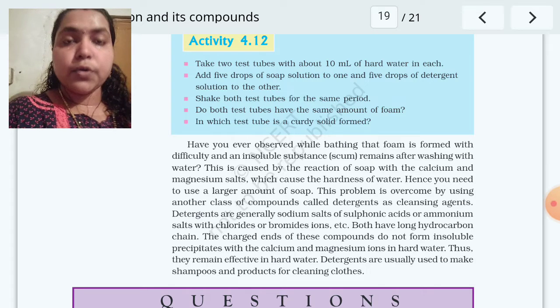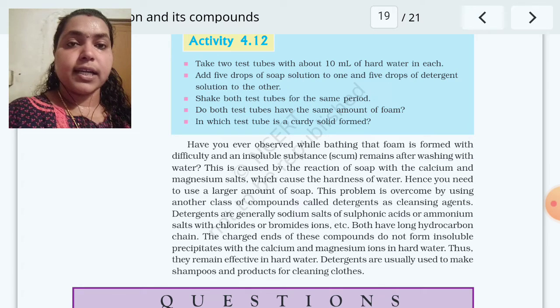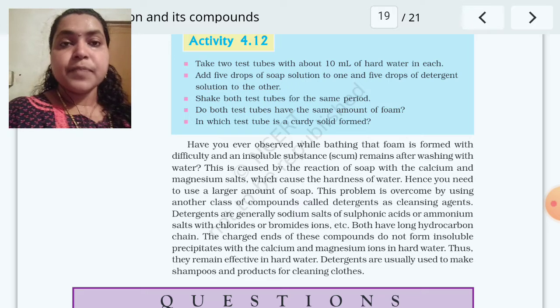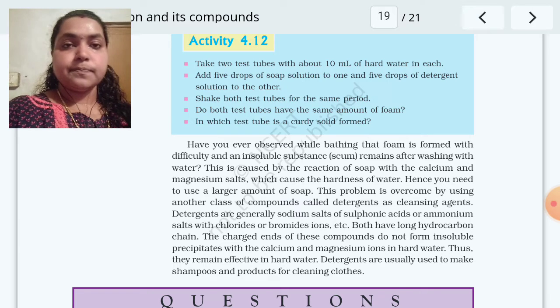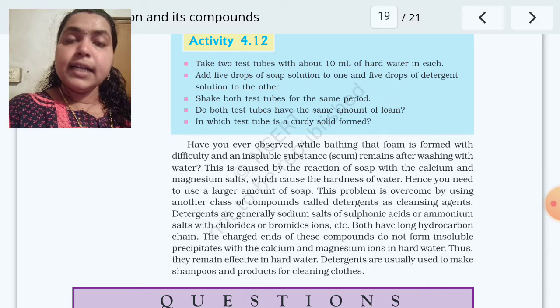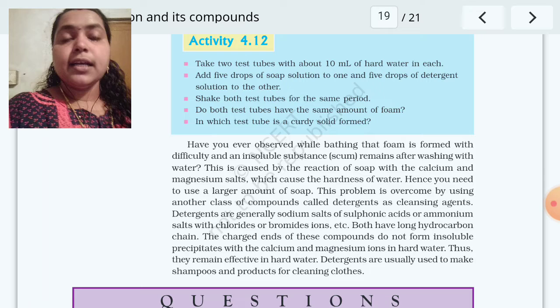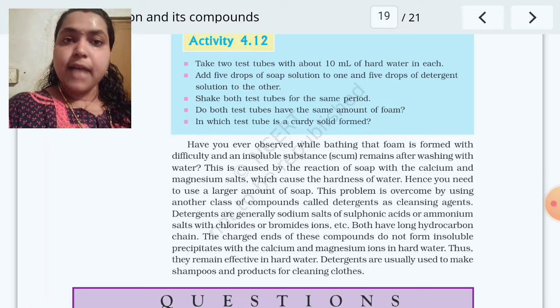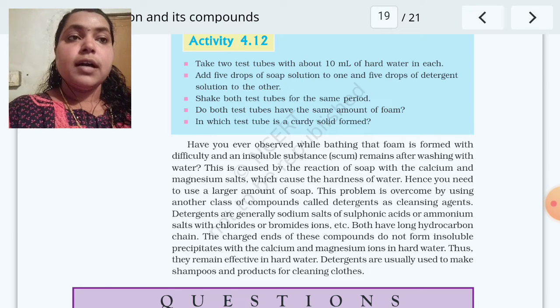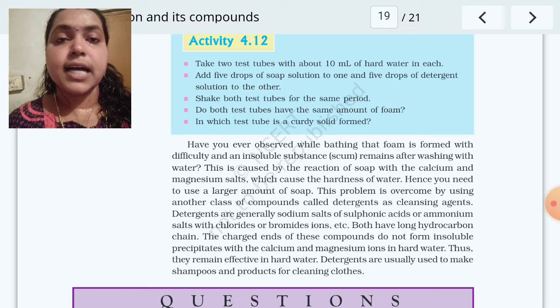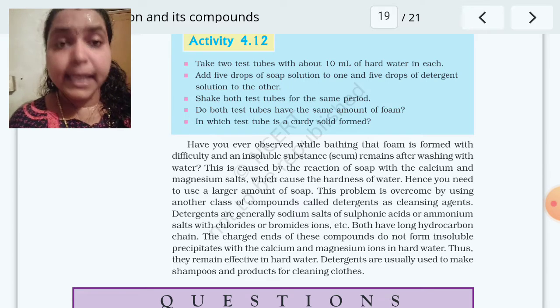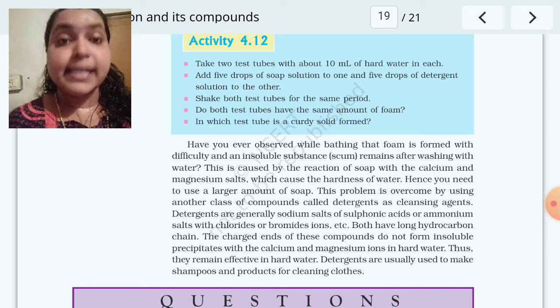So we cannot use soap in this type of water. We can only use soap in soft water, that means water that does not contain magnesium or calcium ions. In hard water, magnesium or calcium ions are present, and here we can only use detergents.